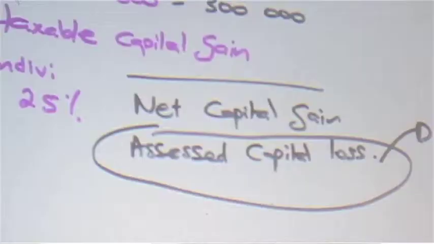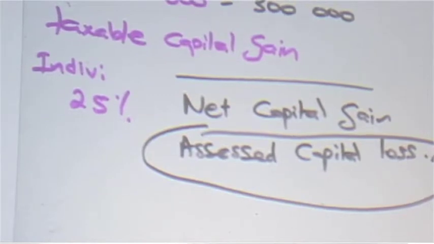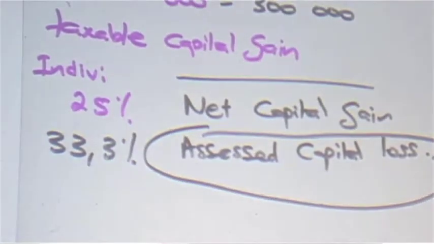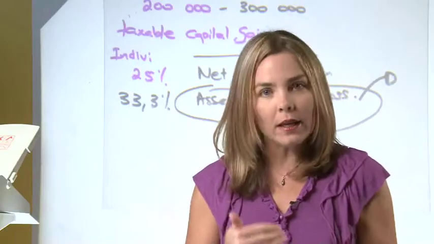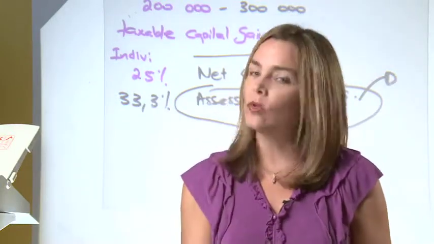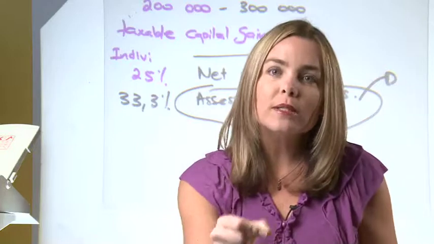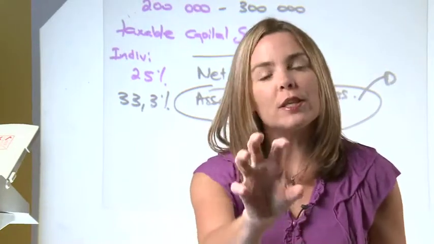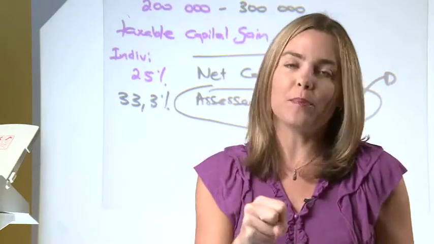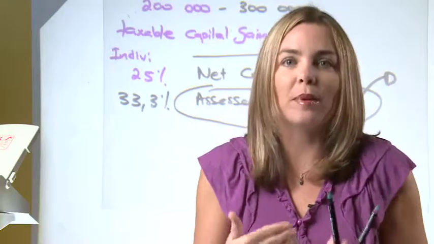Now, as of the 1st of March 2012, that inclusion rate has been increased to 33.3%. So any individual taxpayer who's got a net capital gain will take not 25% of that net gain anymore, but for the 2013 year of assessment, will pull 33.3% of that net gain into their taxable income, by that net capital gain becoming a taxable capital gain.